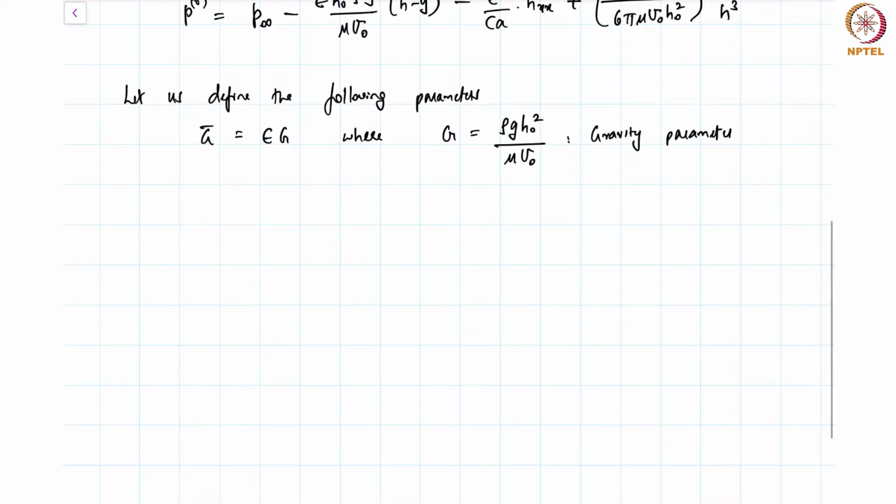We'll define another parameter, C bar, which is capillary by epsilon cube. Remember, Ca is mu U0 by gamma. That's the capillary number.